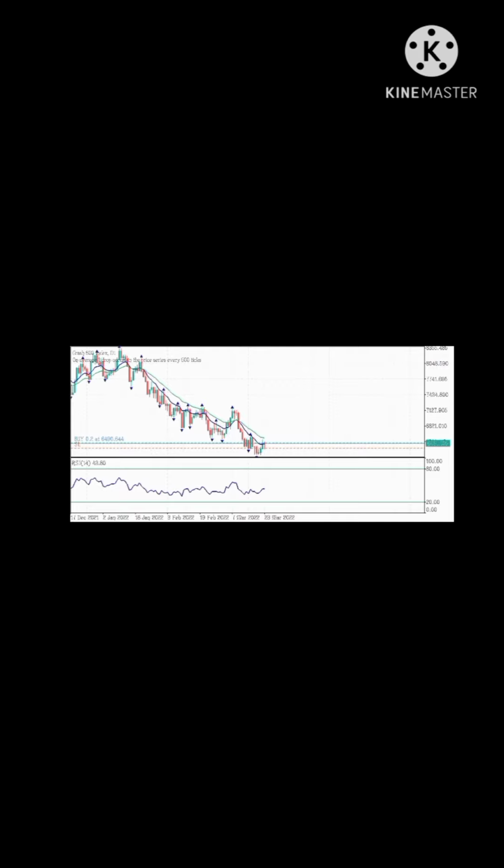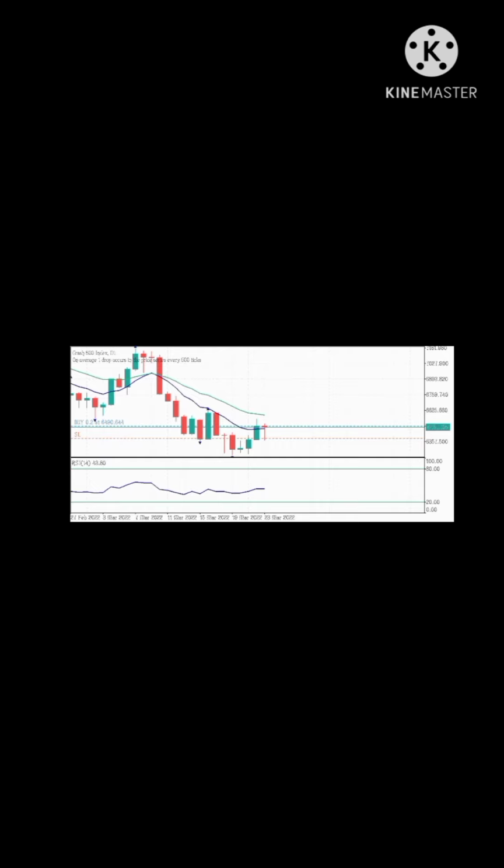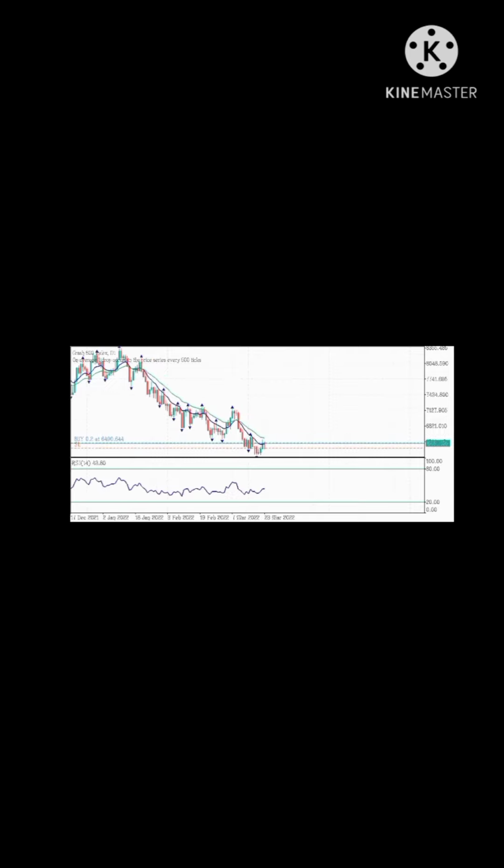So let me now zoom in and see what the market is doing, which movement it is forming. This market is forming retracement movement, which is upward movement. So you can consider buy. What have I known now? I've determined the trend of the market, the current trend of the market.